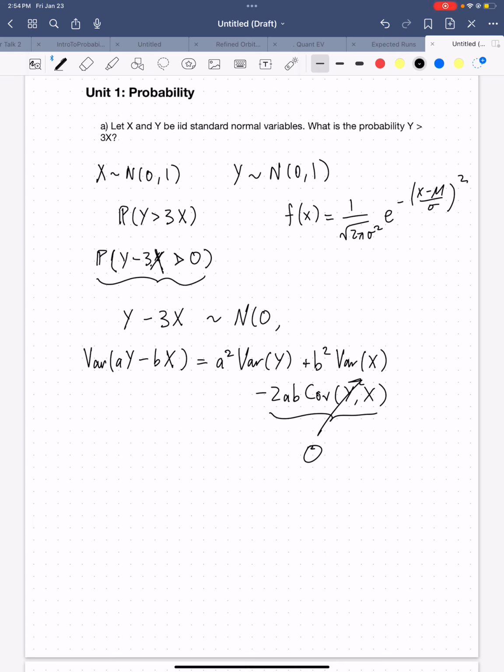And so the variance of Y minus 3X is just 1 squared plus 3 squared, which is 10.